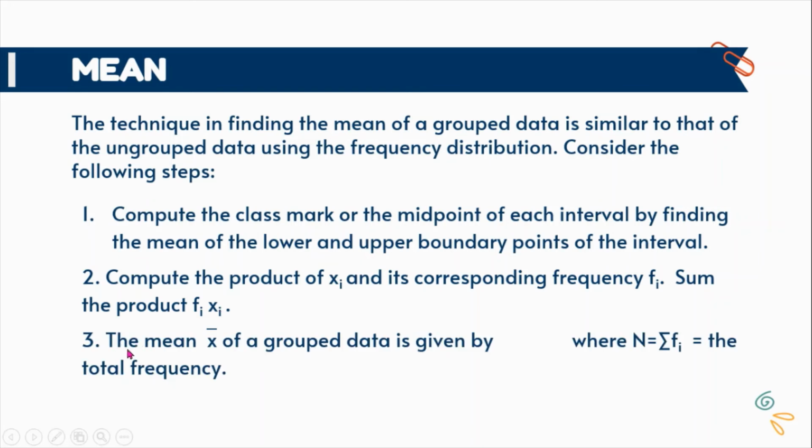And finally, the mean denoted by bar x of group data is given by this formula. Bar x is equal to the summation of fx all over n, where n here is the total frequency.